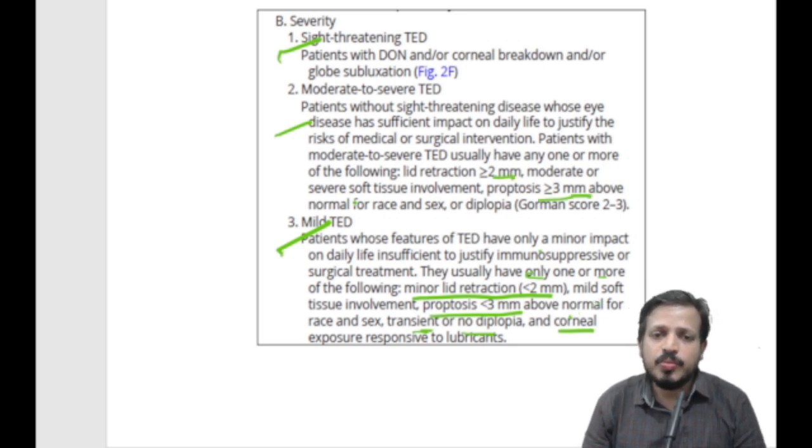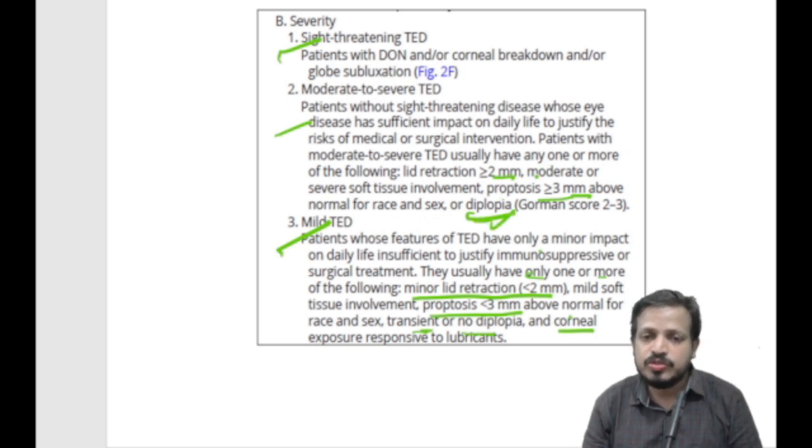Then coming to the moderate to severe thyroid eye disease: lid retraction of more than or equal to 2 millimeter, or proptosis of more than or equal to 3 millimeter above the normal for race or sex, and the presence of diplopia, that is inconstant or constant diplopia, and moderate to severe soft tissue involvement.